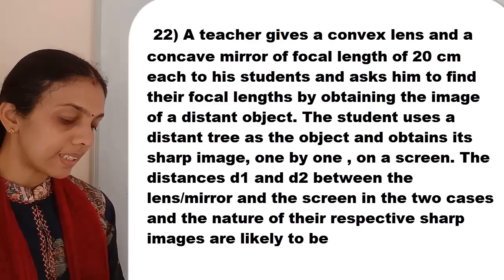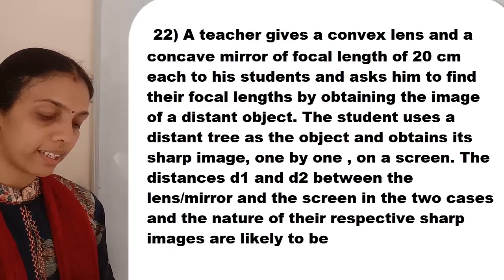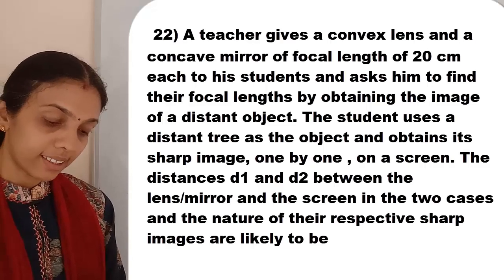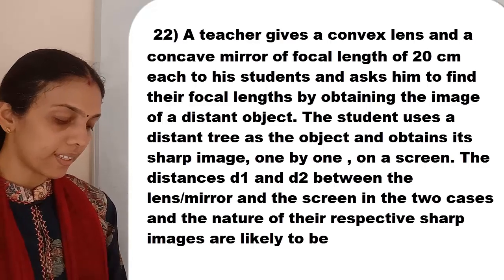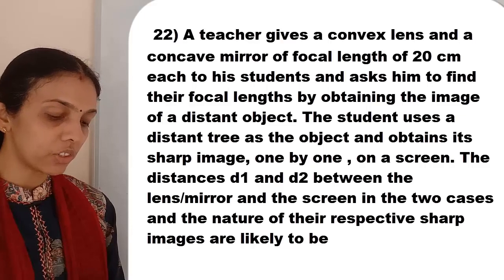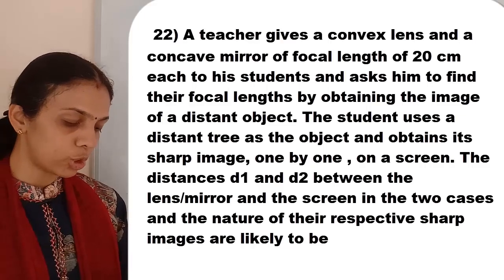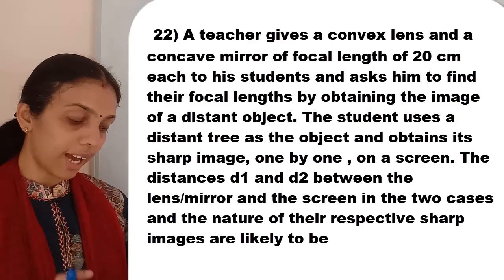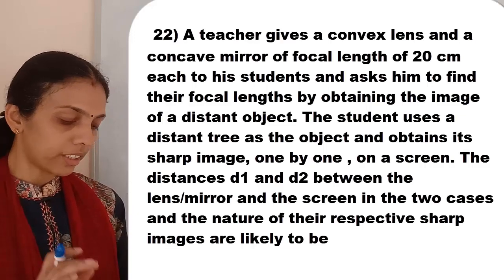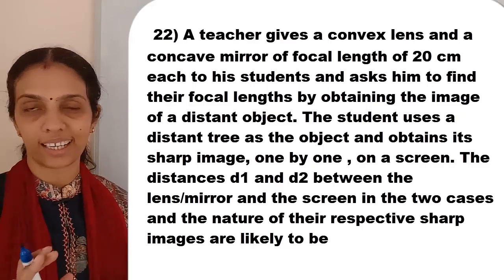The distances d1 and d2 between the lens or mirror and the screen in the two cases and nature of their respective sharp images are likely to be. So given some values also, you should give reason which one will be the correct answer.